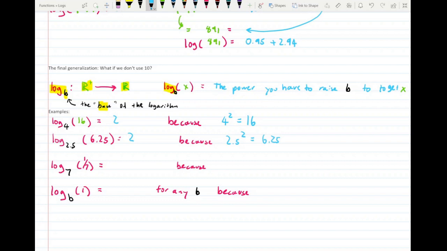Moving on, log base 7 of 1 over 7 is equal to minus 1 because 7 to the minus 1 is equal to 1 over 7. And notice here that this is part of the power that log gives us over digit, is that we can use it on fractions and we can get negative numbers out. And finally, log base b of 1 for any b is equal to 0 because b to the power of 0 is equal to 1 for all b.